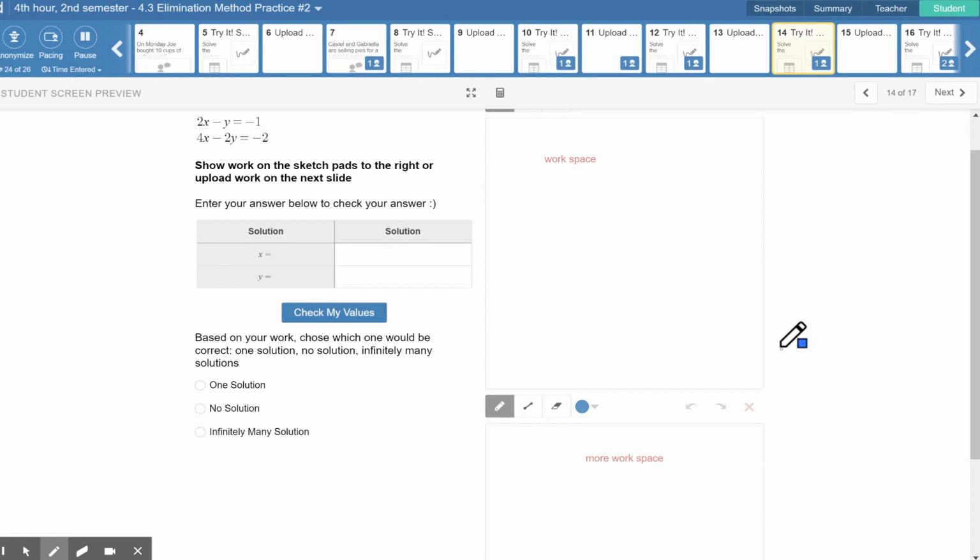Because one small mistake could lead you between the difference of infinitely many and no solution. One thing that I'm noticing, especially with this problem, some of your y's look like 4s. So make sure that you know that it's negative y. And you can put a 1 in front if you want. That's fine.